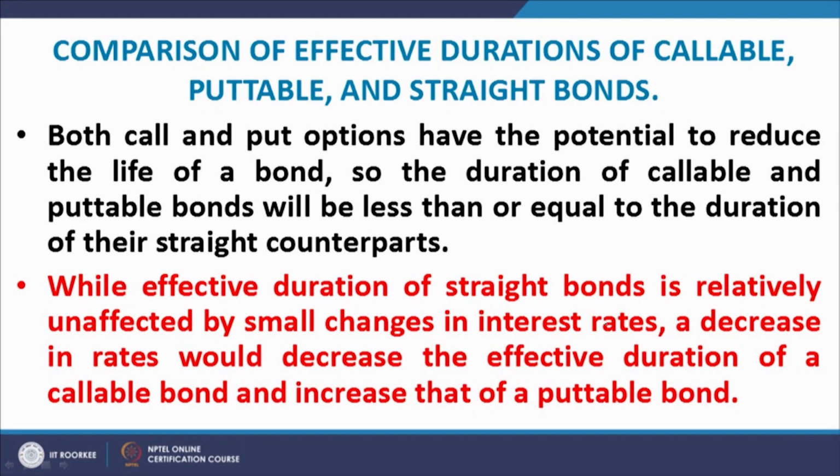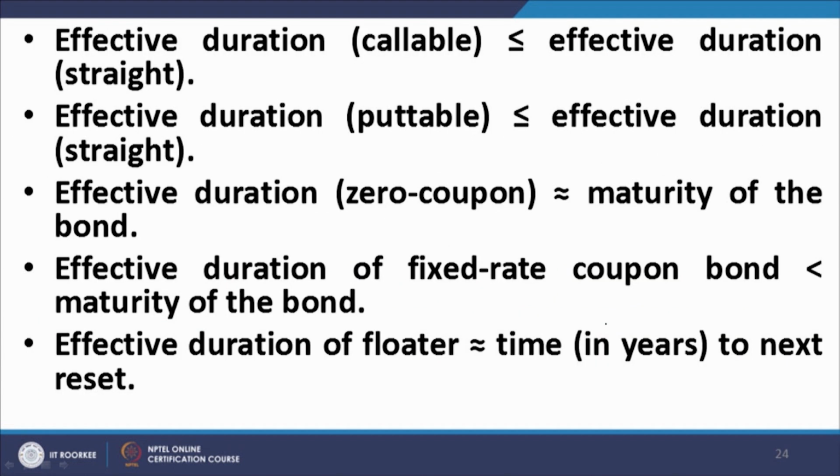So, let me read it out once again. While effective duration of straight bonds is relatively unaffected by small changes in interest rates, a decrease in rates would decrease the effective duration of a callable bond and increase that of a puttable bond. So, here is the table for you. Effective duration of a callable bond is less than or equal to effective duration of a straight bond.